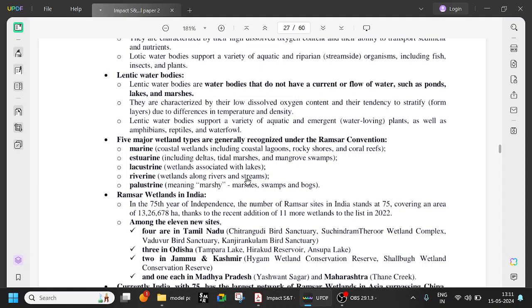And the lacustrine are wetlands associated with lakes. Riverine are wetlands along rivers and streams. Palustrine means marshes, swamps, and bogs. That means very damp, loose soil mixed with water. Very marshlands. You see in the Bihar region, Odisha region, when the Ganga comes, you have Khadar, Bangar, old alluvial soil, new alluvial soil, right? Khadar is new alluvial, then Bangar, and you have the Bhabar and Terai region.